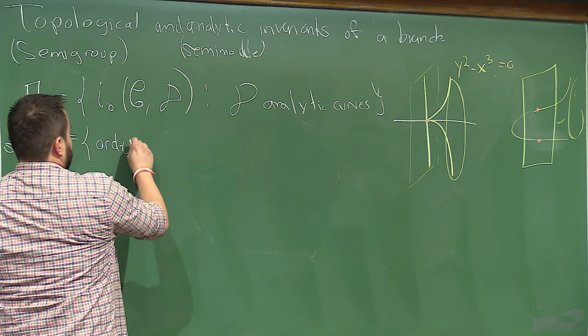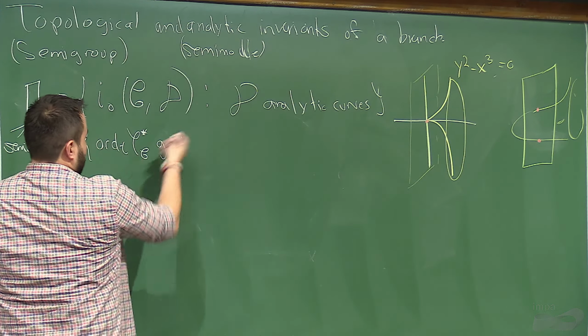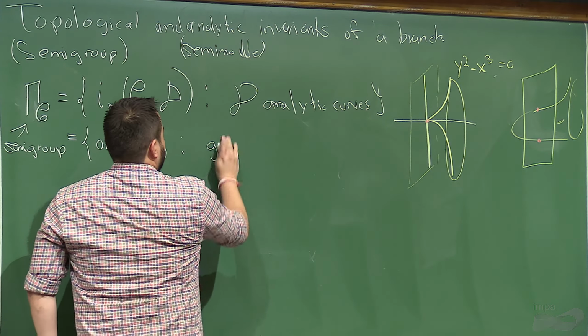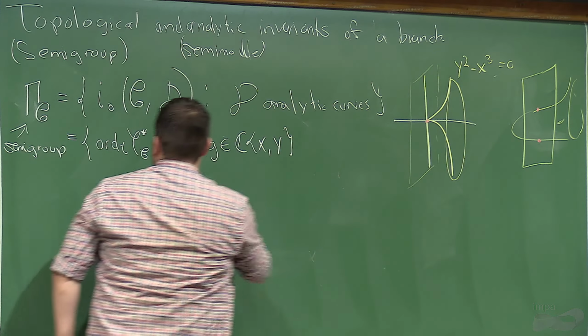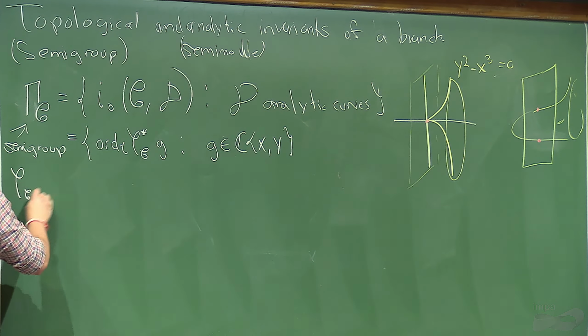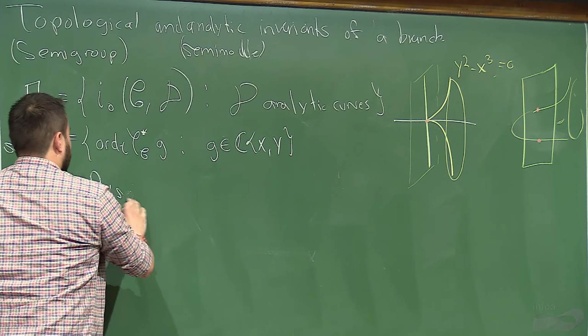And this can be computed in the following way, where phi C is a Puiseux parametrization of the branch.